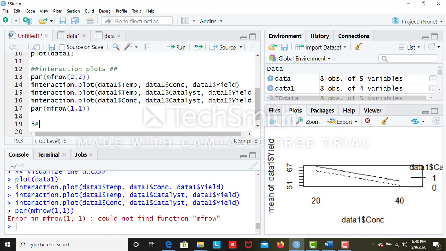So let me see if I can look at that quickly. Alternative ways of plotting interaction plots.